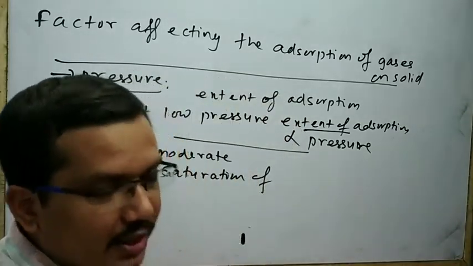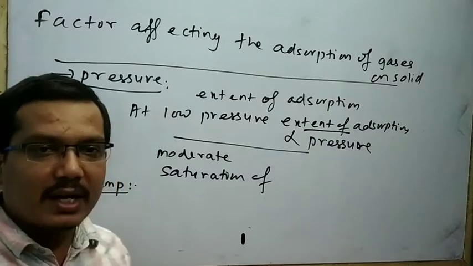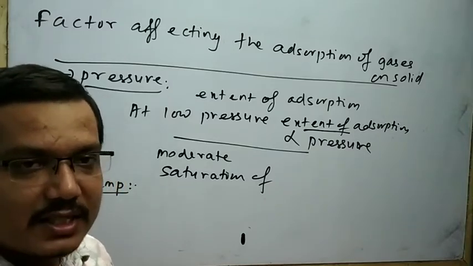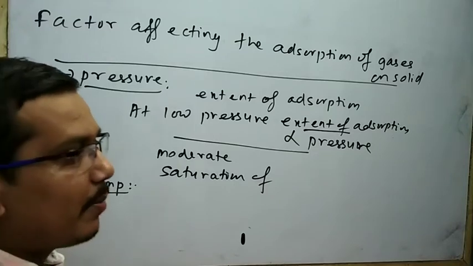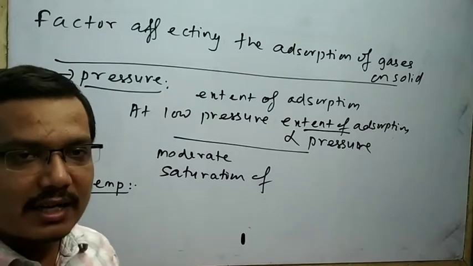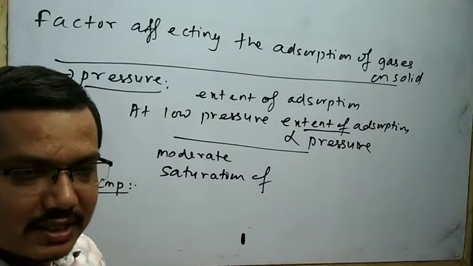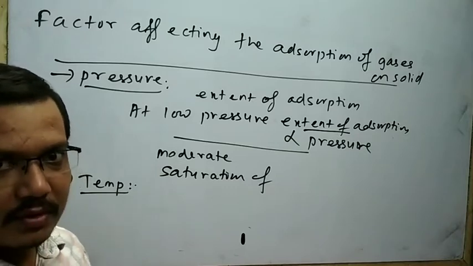But in case of chemical adsorption, there is a necessity of activation energy. So, if I increase the temperature, initially the extent of adsorption increases in case of chemical adsorption.